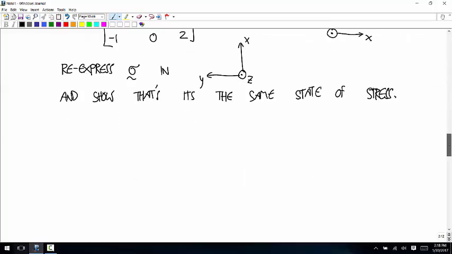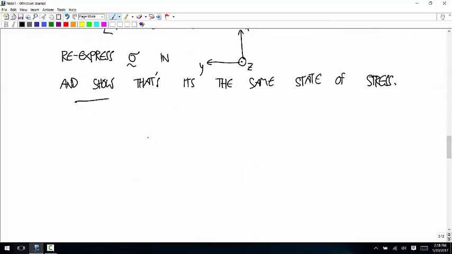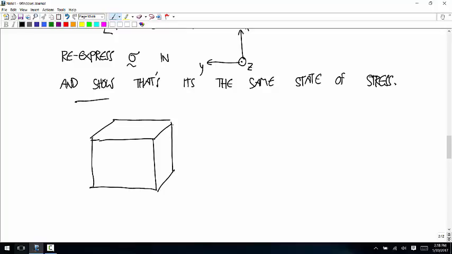Okay, so first let's draw this stress cube. And the coordinate system is like this: x, y, z. So in the x direction, we have 5.